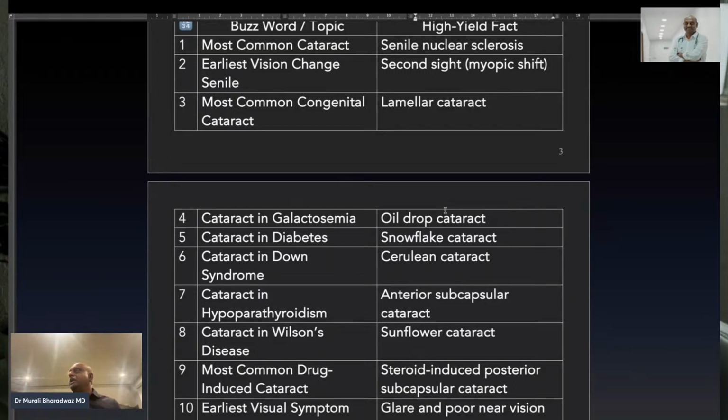Suddenly, the myopia that was there earlier is no more a problem the moment the nuclear sclerosis develops. That is why it is called second sight, the early vision change that happens. Earlier you needed glasses to see distant things, now there is no need.